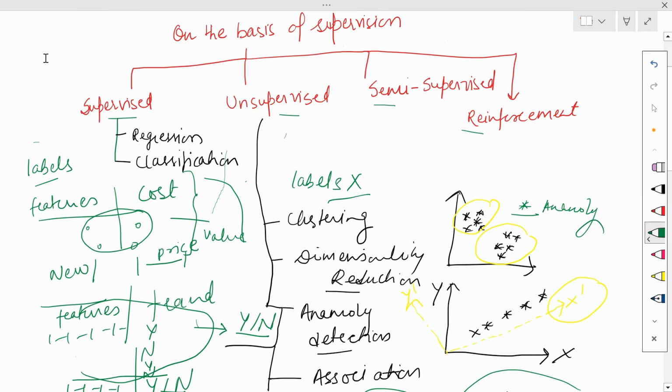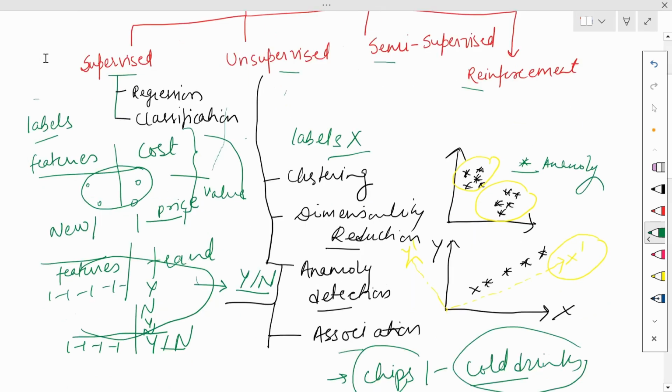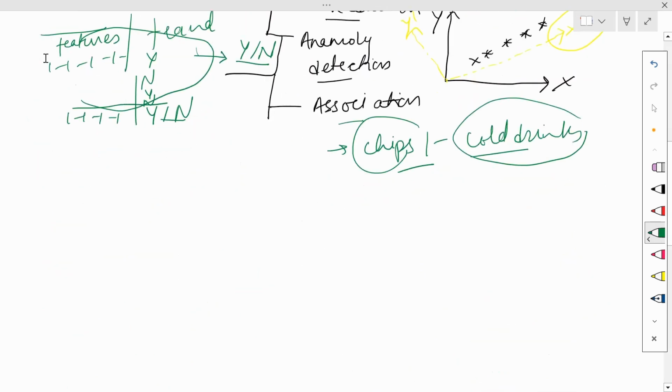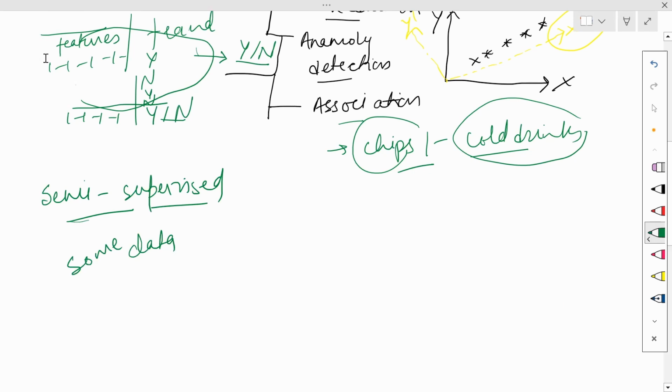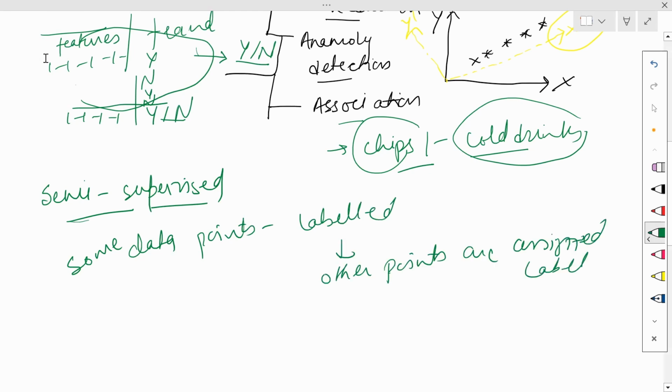Let's explore semi-supervised learning. As the name suggests, in semi-supervised learning the supervision is partial. We have only some data points which are labeled, and using that, the other data points are labeled. One example of this is Google Photos.